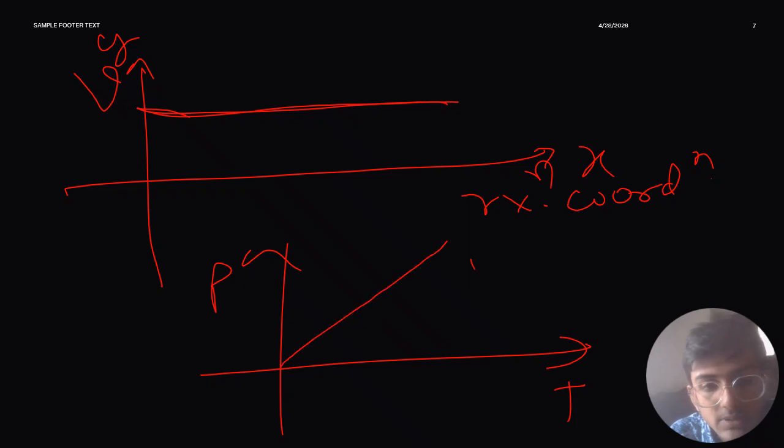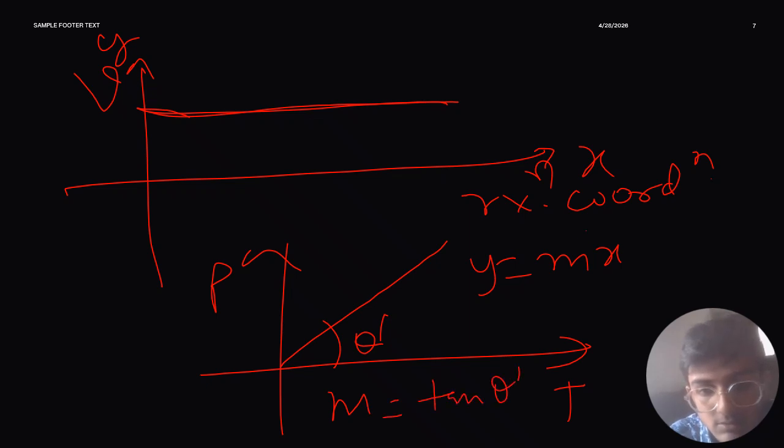It will come as a y equals mx line, where the slope m equals tan theta dash, whatever be the slope of that particular line, given by the tangent of that angle, as you know already. So this was the isochoric process. Now let us discuss the isothermal process.